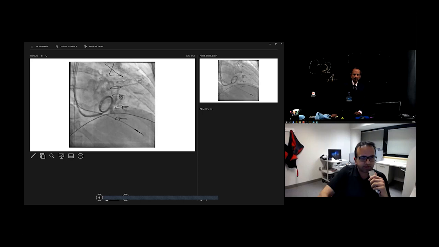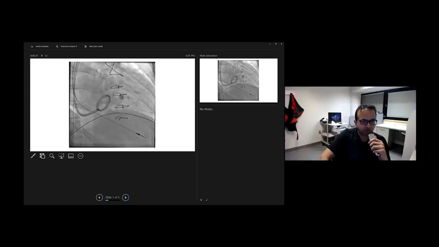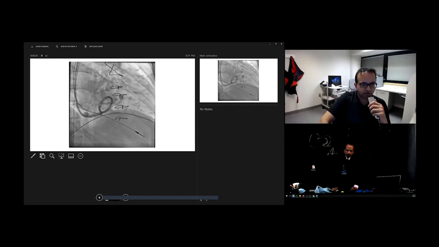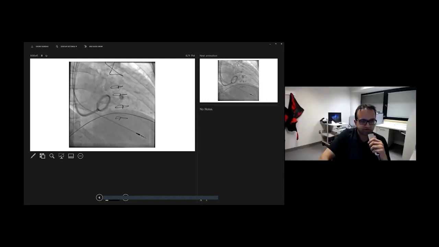Sure. So this is again the RAO view which we are trying to show. And let me just make sure that I can see it. Perfect. So run that through and show us the vein of interest as you're showing that to us. Yes, so this is the RAO view. We are engaging the main body of coronary sinus. These are the marginal veins which are going towards the right ventricle.